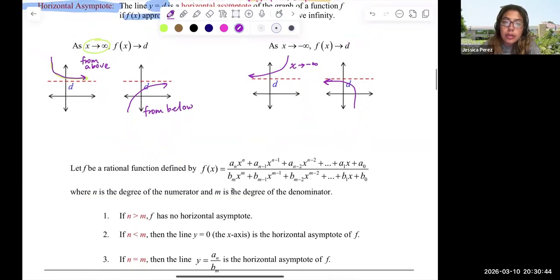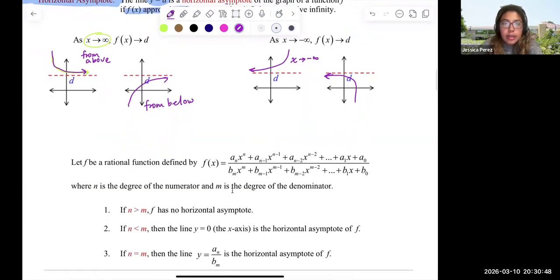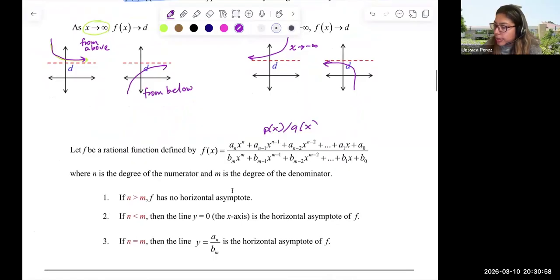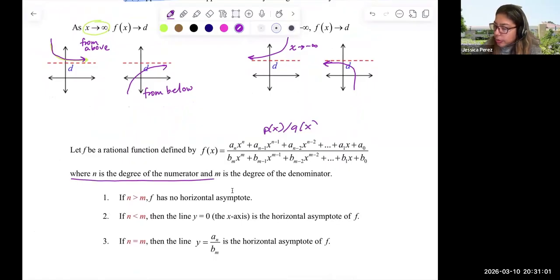Now, the way that you will be able to actually find a horizontal asymptote is by, let's say you have, again, p of x over q of x. What you have to do now is actually look at the degree of the numerator and the degree of the denominator. So if the degree of the numerator is greater than the denominator, then you do not have a horizontal asymptote.